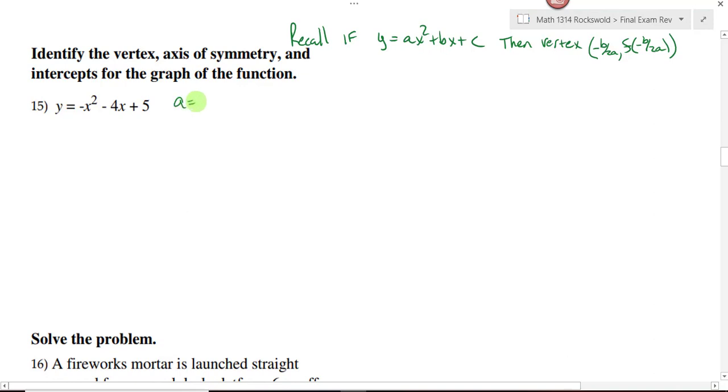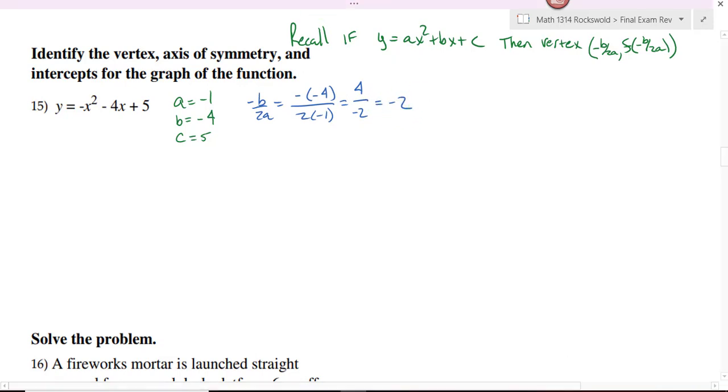So a is equal to -1, b is equal to -4, and c is equal to 5. So to find the vertex, I would use -b over 2a, and that's equal to the opposite of negative 4 divided by 2 times negative 1. Well, the opposite of negative 4 is 4, and 4 divided by negative 2 is negative 2. So this is the x value of the vertex.